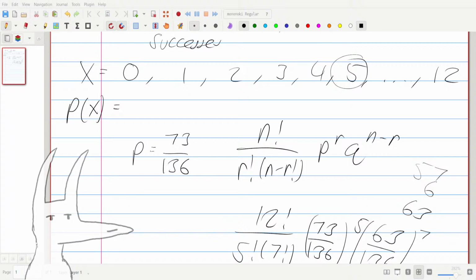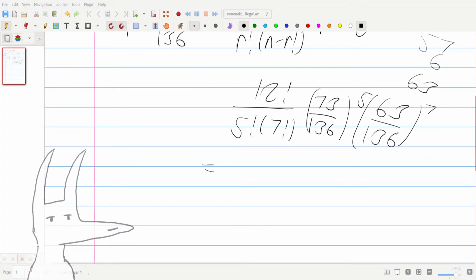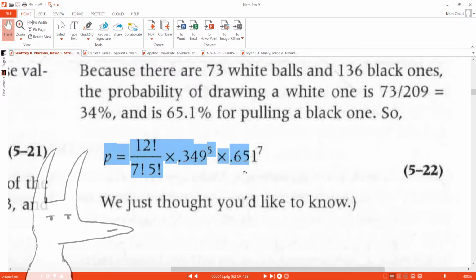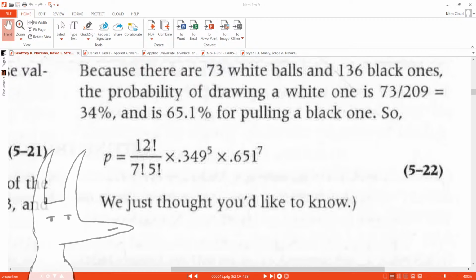Okay, that's exactly what I wrote down. Cool. So I guess that's probability done?